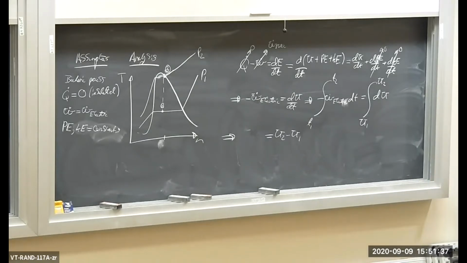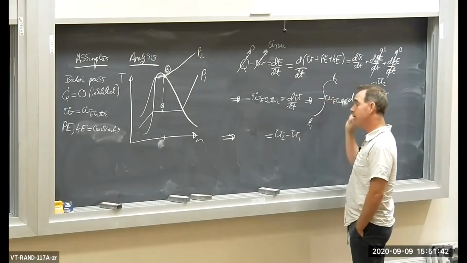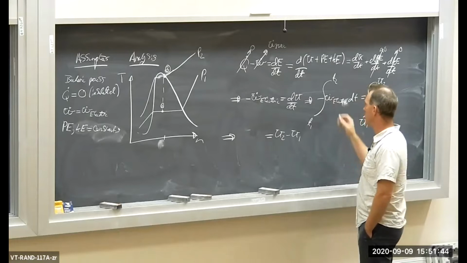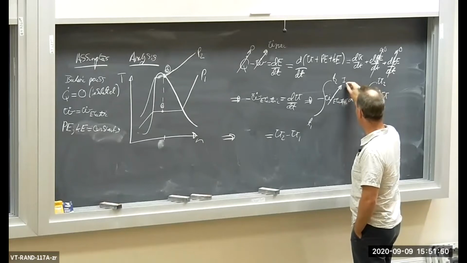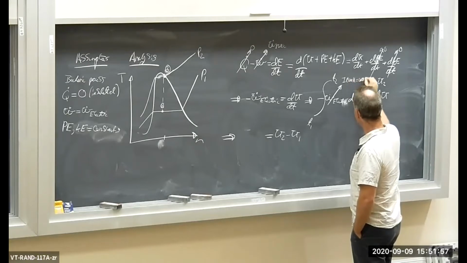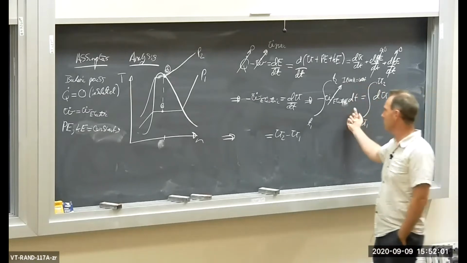The left-hand side integral, well, the assumption here is the electric current's constant, and the voltage is constant. So the electric work is a current times a voltage, and this voltage times current is constant. So W dot electric is constant.